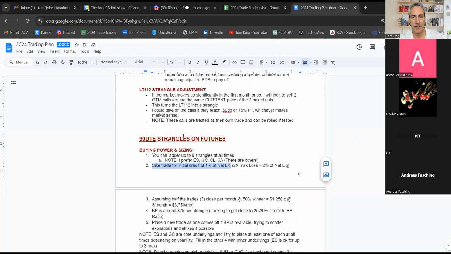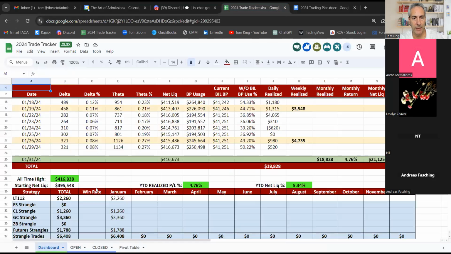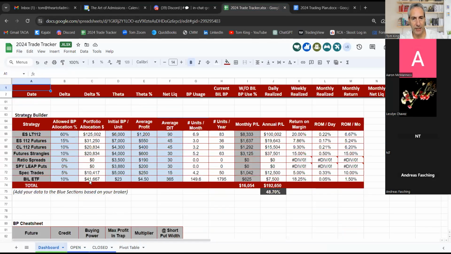So that was the trade plan. If we look at the trade tracker and I go to my strategy builder piece down here and I look at futures strangles, right? When I decided to move to like a 10% allocation, that allows me to go with about $4,000 worth of buying power. I can take in about 600 bucks per contract.